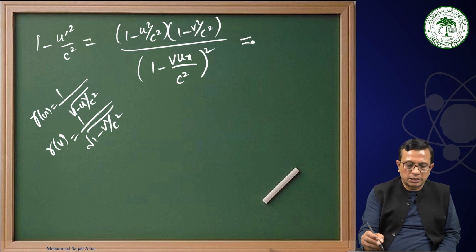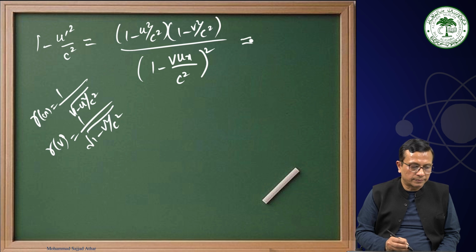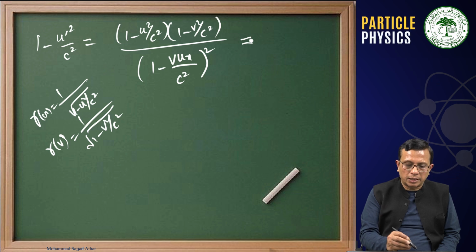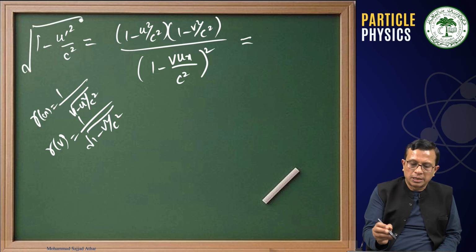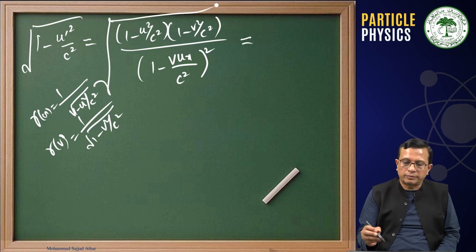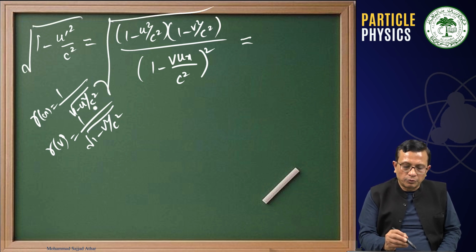Following the same analogy, we have to take the square root of this, and you see gamma u will come in the denominator, gamma v will come in the denominator, and then we will have 1 minus v ux by c square.